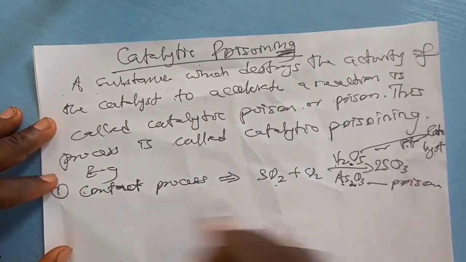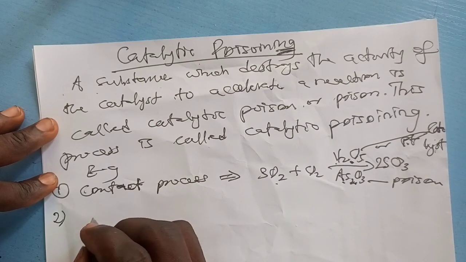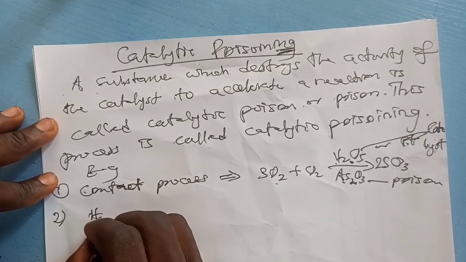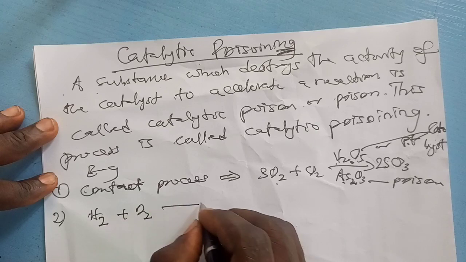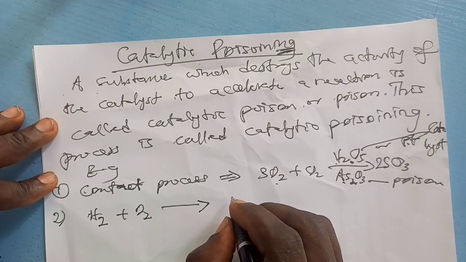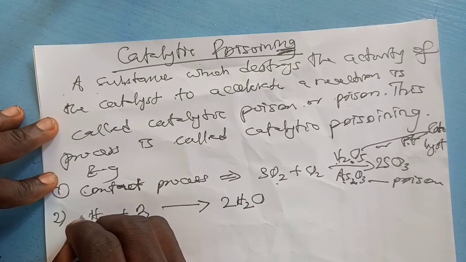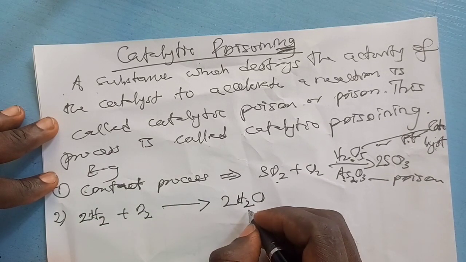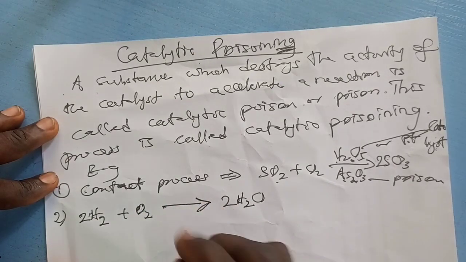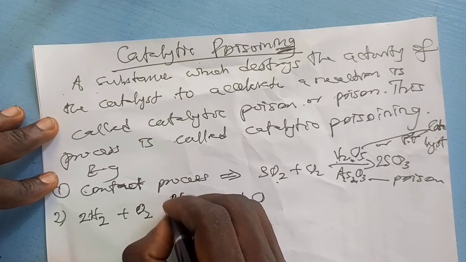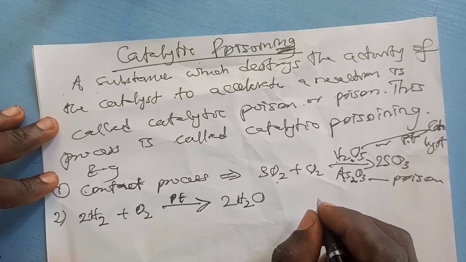Now, another example I will give to you is in the oxidation of hydrogen. This is already in my second video, you can also check for details. Here, water is produced. I told you in my second video that the catalyst used to catalyze this reaction is platinum in the oxidation of hydrogen.